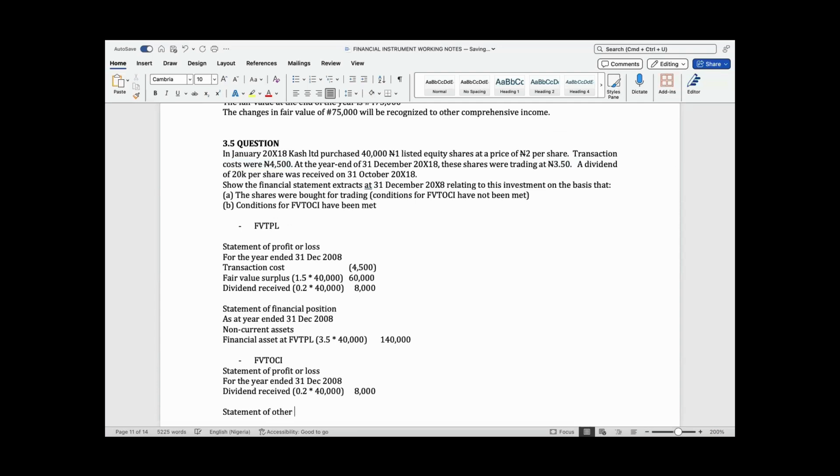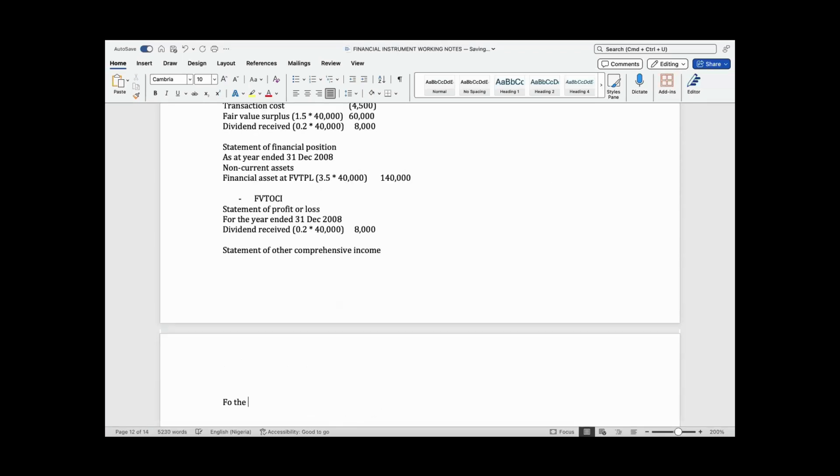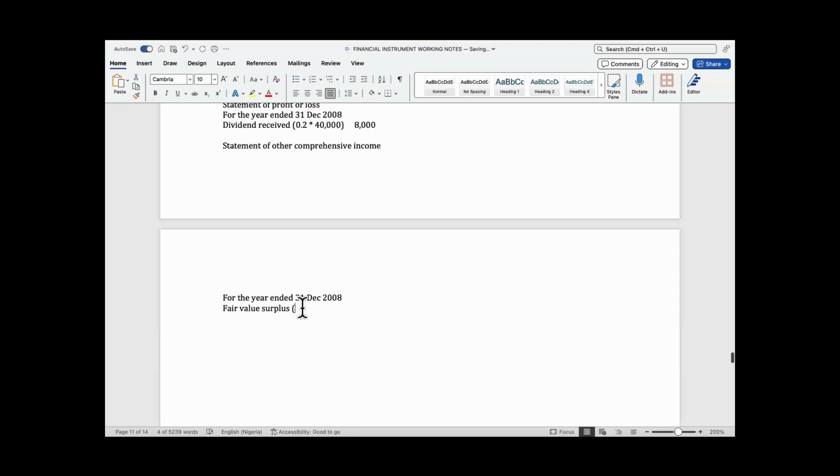So if I do my statement of other comprehensive income for the year ended 31st December 2018, I will have my fair value surplus, which is the 1.5 that we got here, times this.